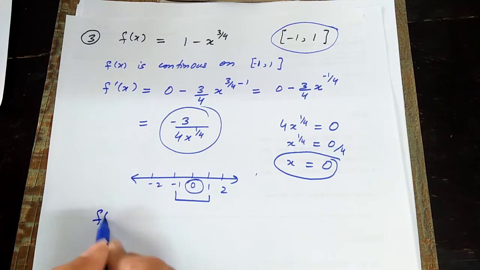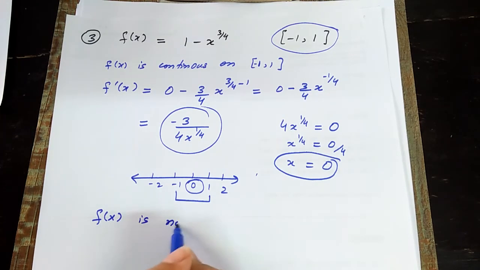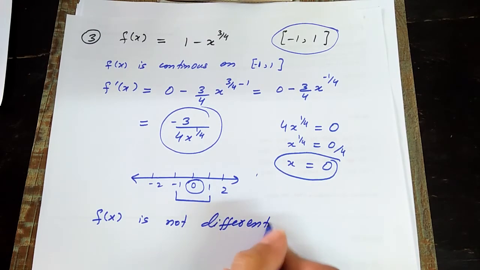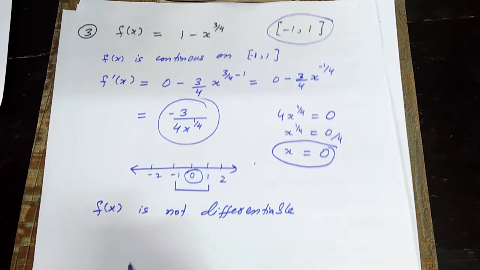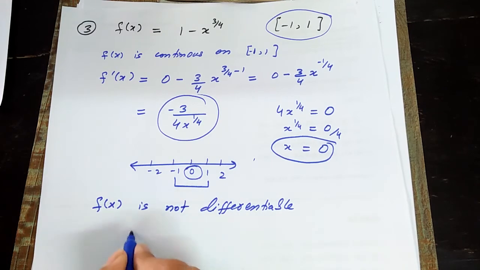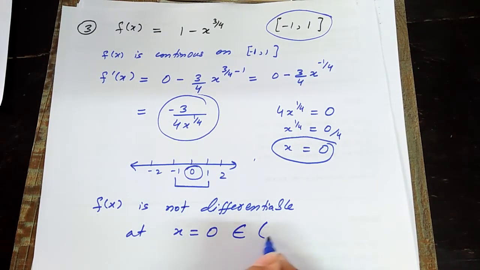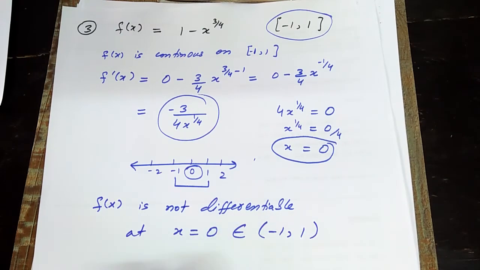So you will say f of x is not differentiable. Your f of x is not differentiable at x equals 0, that is belonging to your open interval minus 1 to 1.